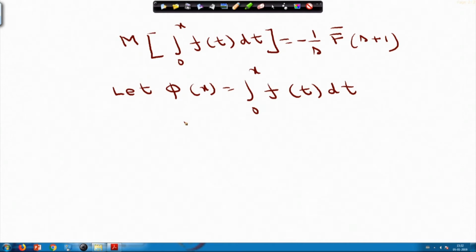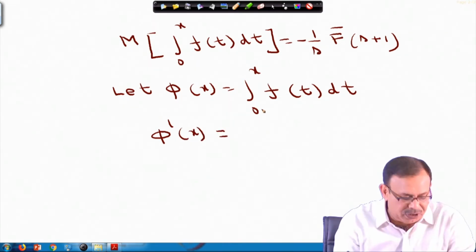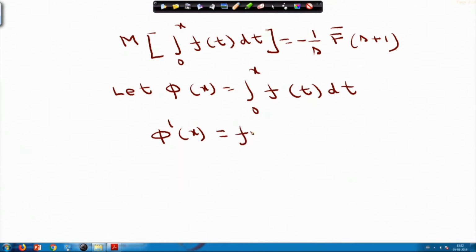So, once you write phi(x) equals the integral from 0 to x of f(t) dt, whenever you find phi dash x, that is the differentiation of the integral with respect to x, this will be equal to f(x), with phi(0) equal to 0.